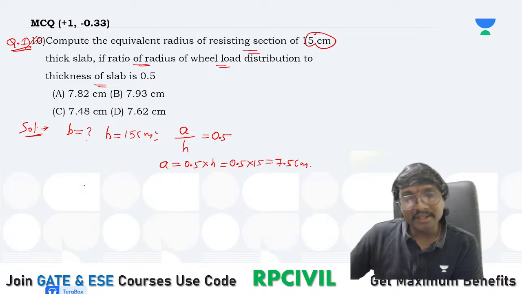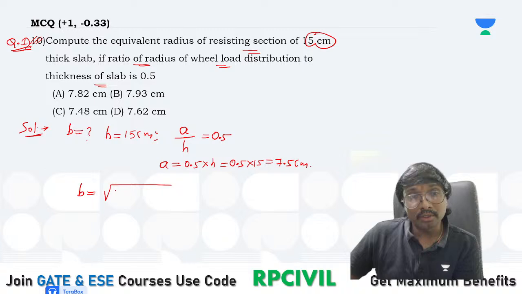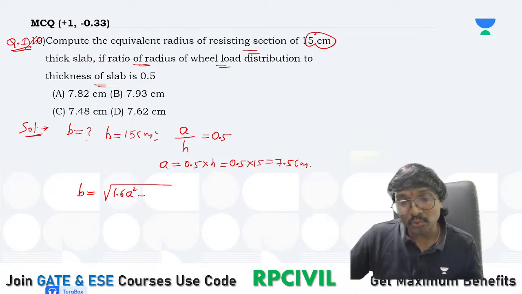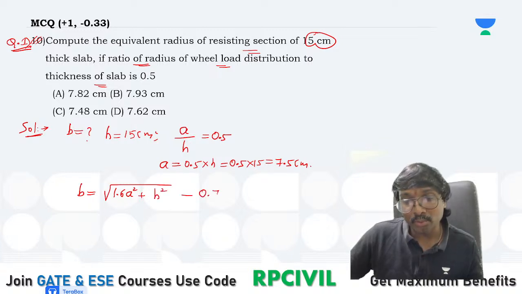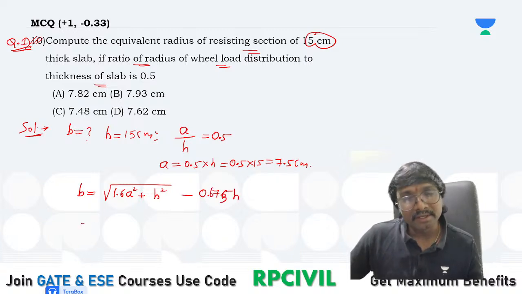Then what is the b value? b will be equal to under root of 1.6 a square plus h square, minus 0.675 h. Substitute it. So this only we have to use in this case.